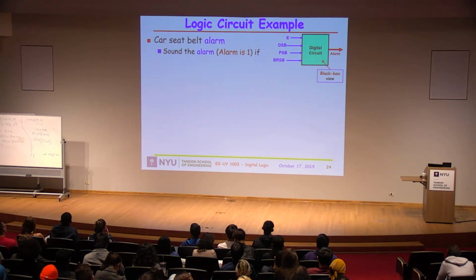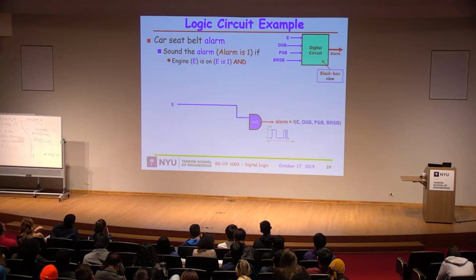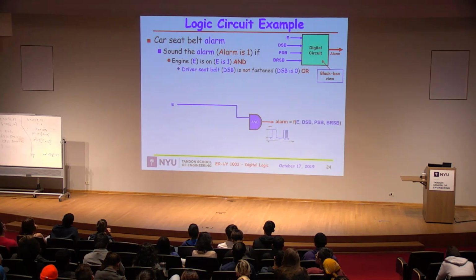All right? So we will sound the alarm. Alarm is 1 if the engine is on, and so we are developing the circuit simultaneously. If the engine is on, and we are thinking logically, everybody, so it is easy to get the circuit, and the driver's seat belt is not fastened.